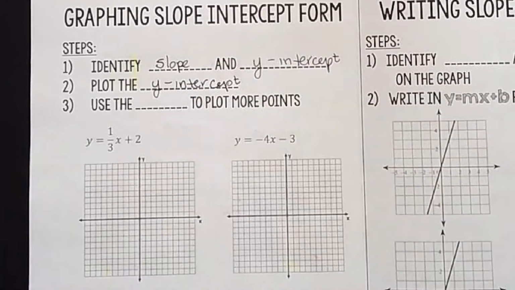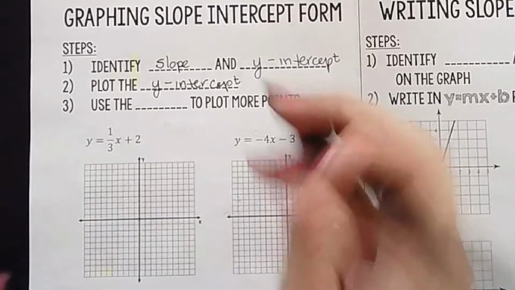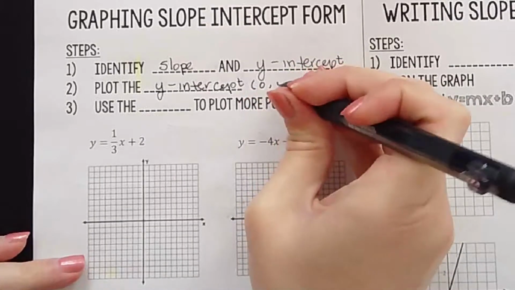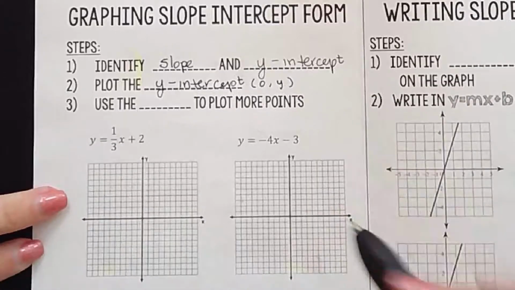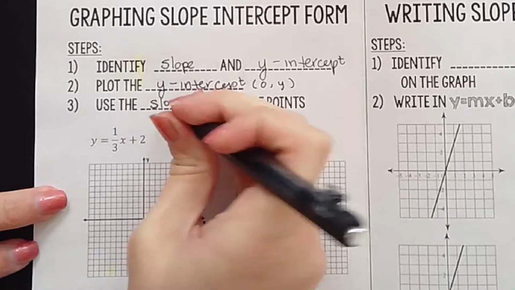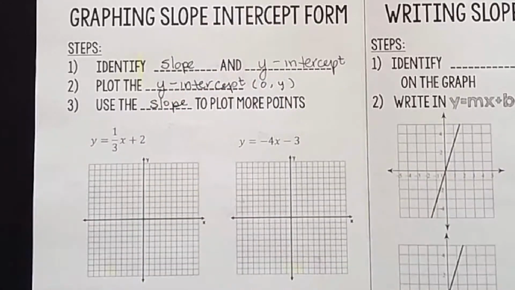And I know a y-intercept goes on the y-axis. So it's a point that's going to look like (0, whatever that y value is). Once I have my y-intercept, in order to make more points on my graph, I use the slope. Once I have a bunch of points on the path, I connect them and draw arrows on each end of my line.